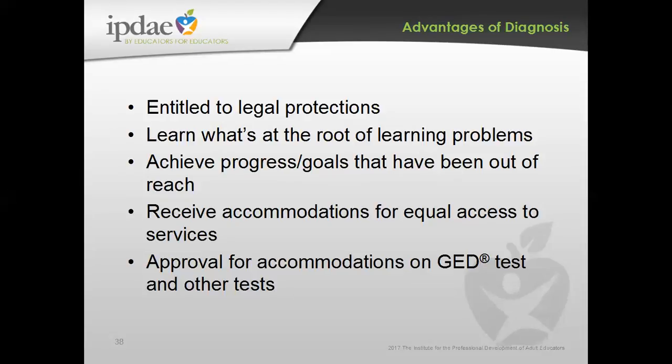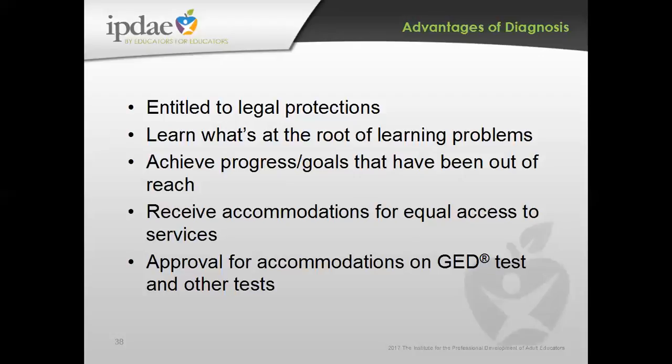Everyone wants to know why they're having learning problems, especially those students who have average or above average IQ, and they know they're smart, but maybe they're just bad in math. Maybe it's just the one area that they're bad in, and everything else, they may be a gifted student. So it's an advantage to be able to progress, to pass their GED test, to get into college, to get their degrees, do all of those things that might have been out of their reach before.